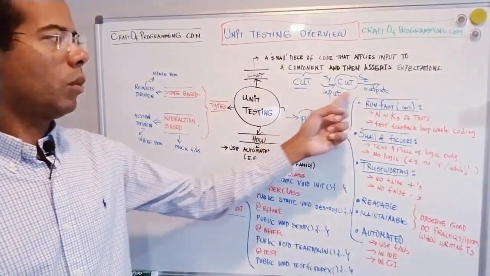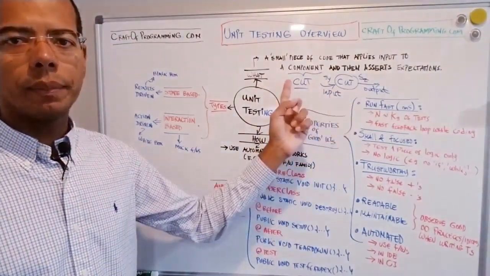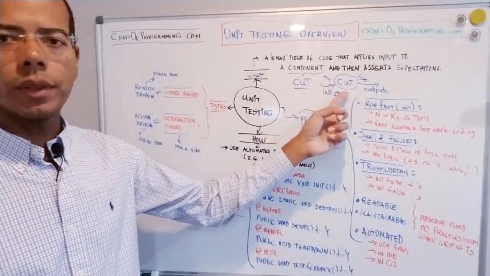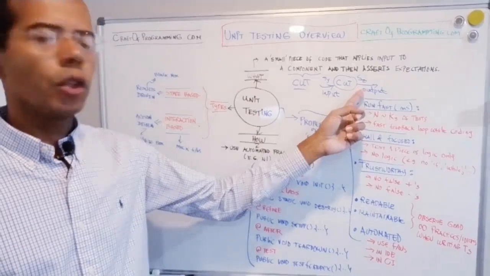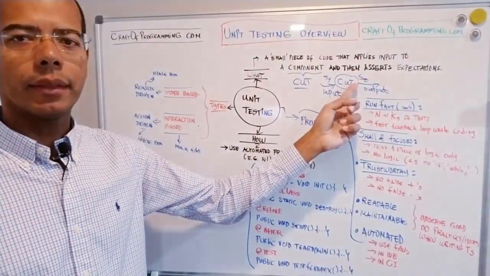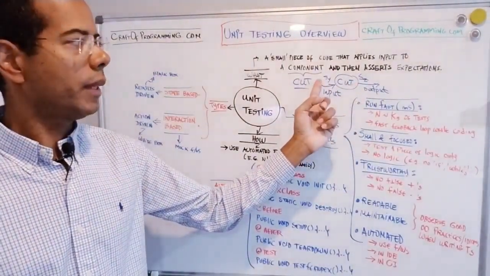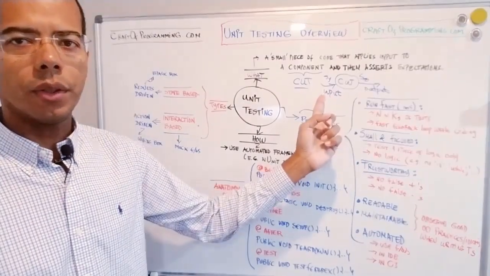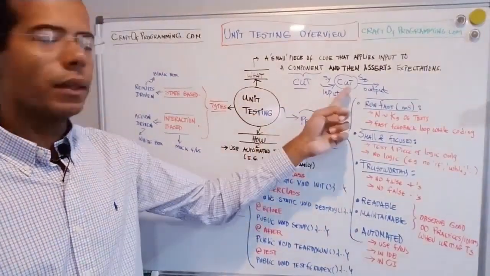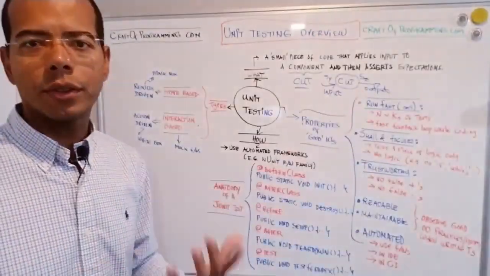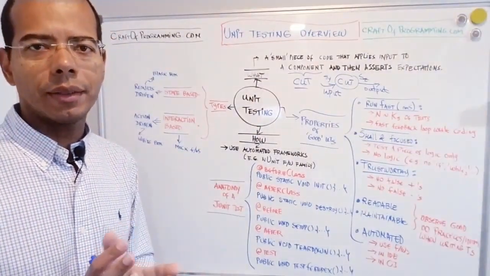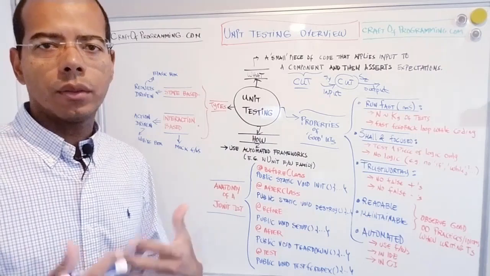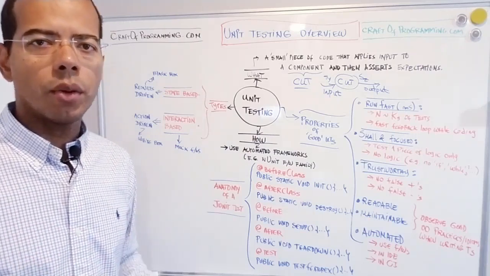You apply an input onto the system or the component under test, and at the end, you assert that the component has moved from state Y to state Z as a result of your input. You don't care how it got to that state. That's why it's a results-driven test. So this is a state-based test, and that's what JUnit typically supports.